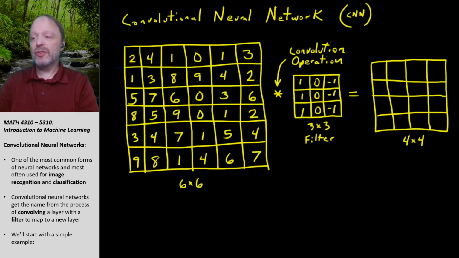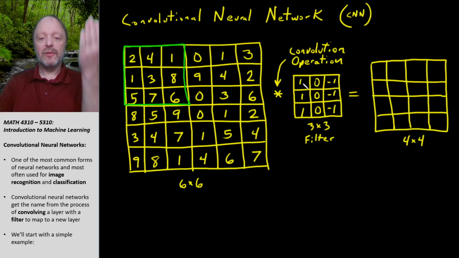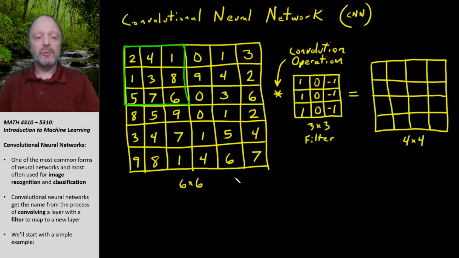So we're going to start off with, let me change this to green, the 3 by 3 overlaid on top of this 3 by 3 set of values in our matrix over here. Every number gets multiplied by whatever the filter number is on top of it, and added together as we go.